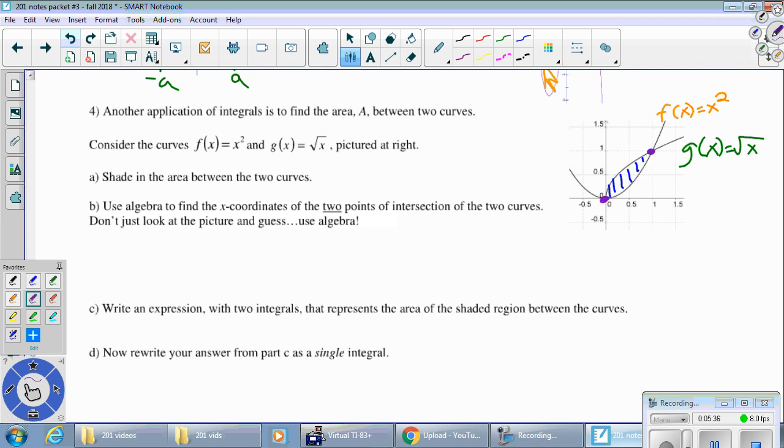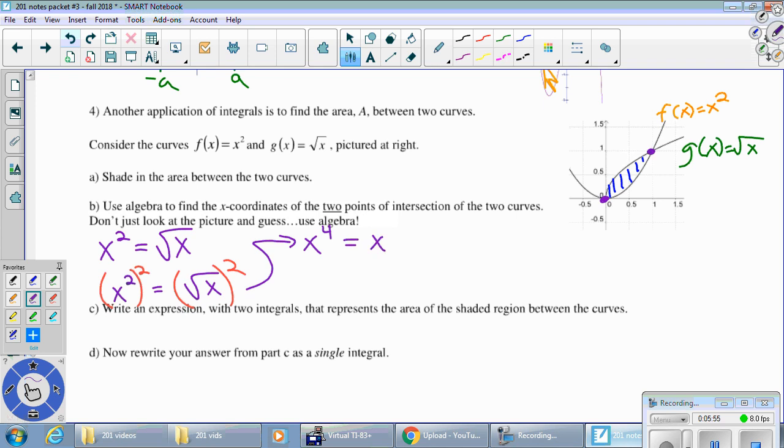So I know for sure that the y values are the same at those two points. So that means that x squared has to equal the square root of x. Let's square both sides. So x to the 4th equals x. Let's get one side to 0 by subtracting x. Let's factor out the greatest common factor on the left. x comes out of both.